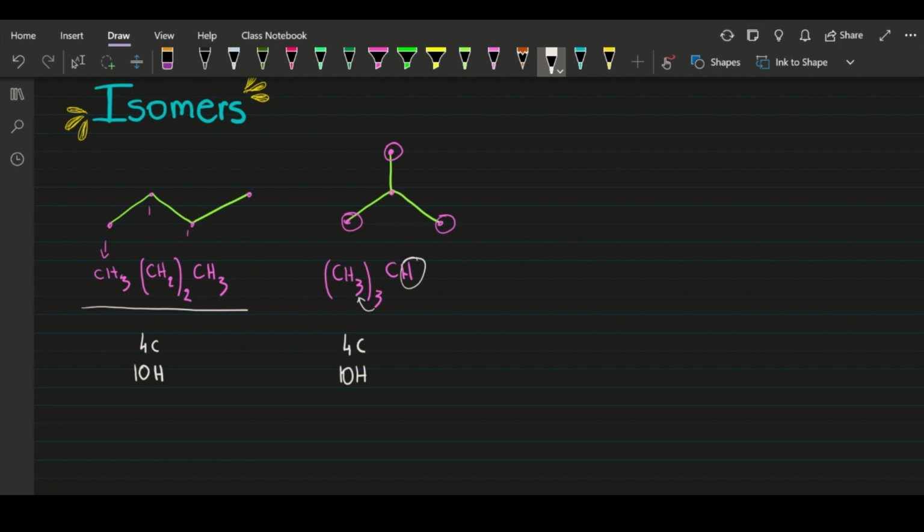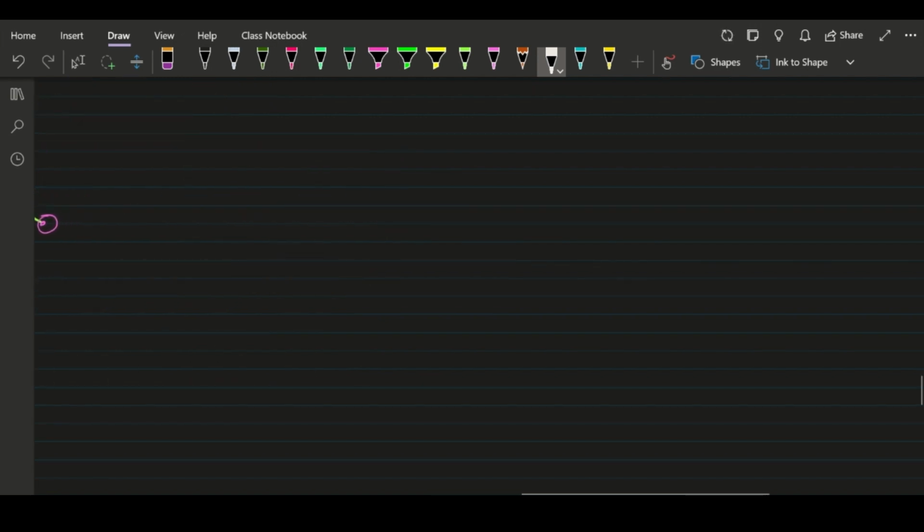Another thing I wanted to cover is, for example, we have an alkane, right? Let's say we want to make this alkane, this is a straight chain alkane. If we want this alkane to be branched, we would add what is called in chemistry a substituent.